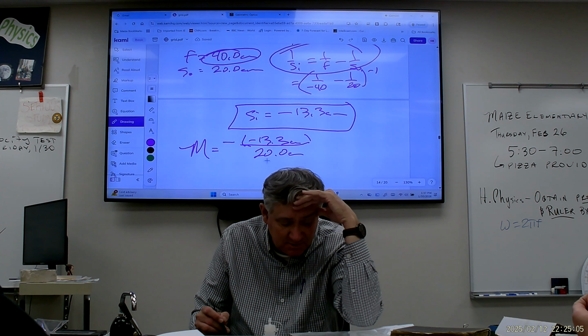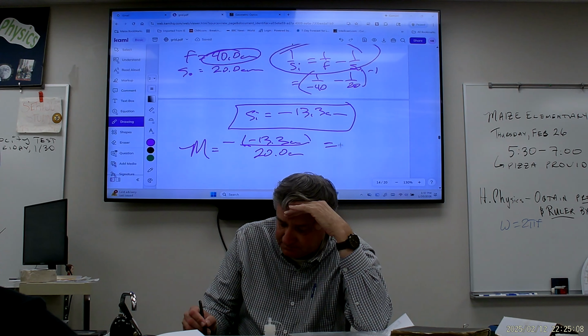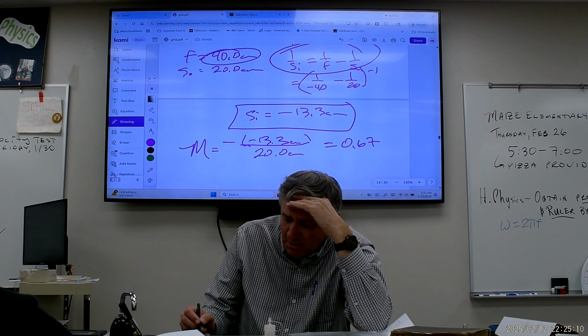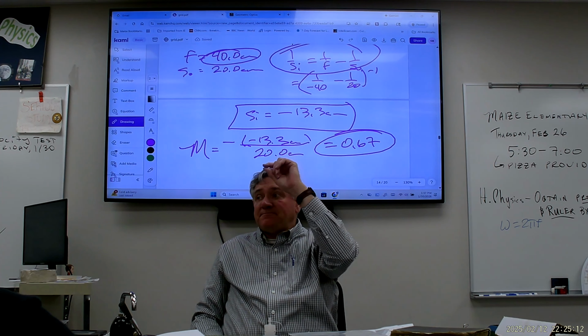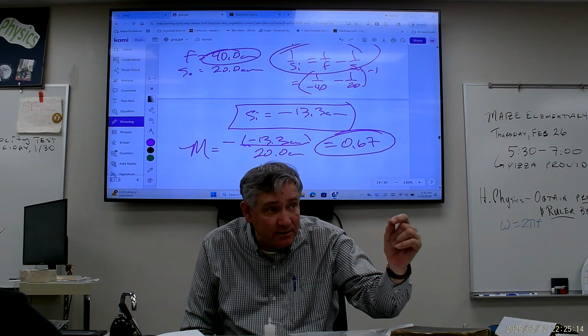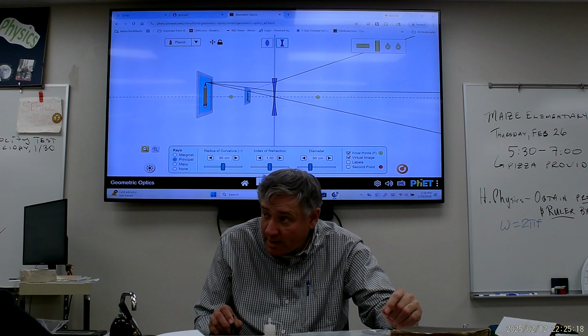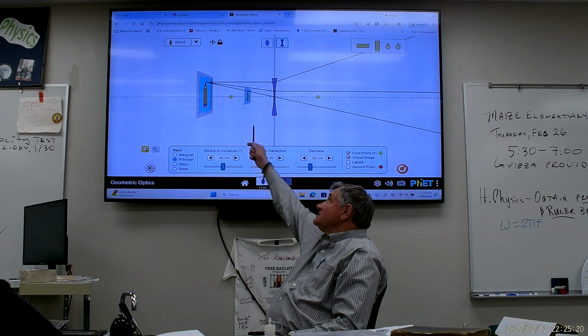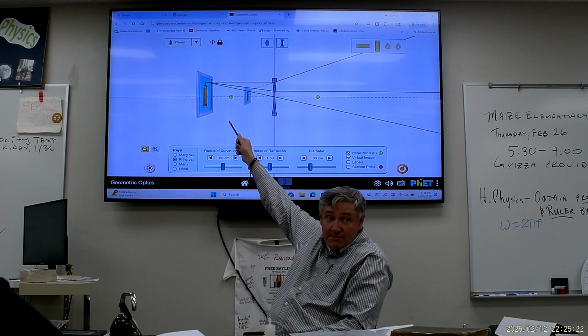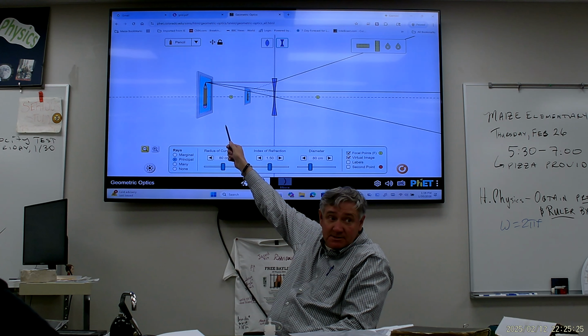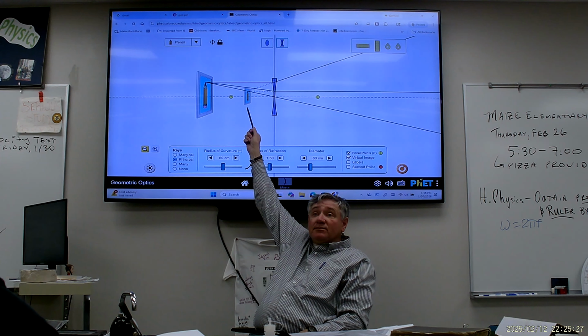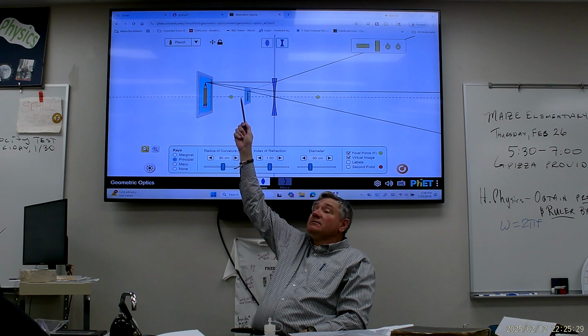So what do you get for your magnification? 0.665. So 0.67. So that's a positive value less than one. So that's why, look what happens. You've got a positive value for your magnification, you're producing an upright image, and it looks small.